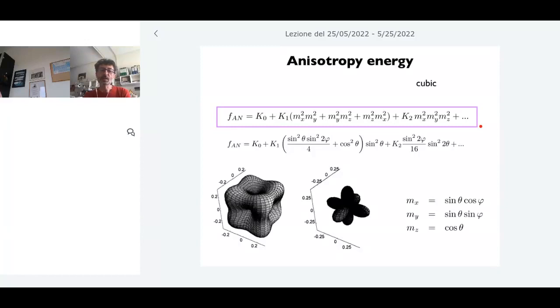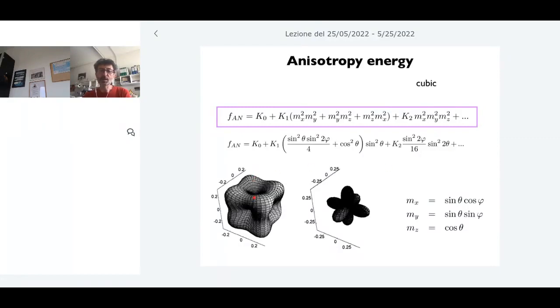Again, very often it's enough to take the first. And what kind of phenomena do we expect with the first anisotropy constant? Well, K1 may describe a situation where, for example, if you have a cubic lattice, your magnetization will find an easy axis on the main directions of the cube. And this means that you will have an energy surface like this strange picture written here.